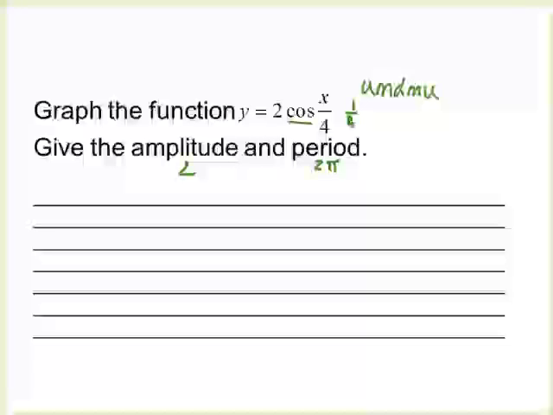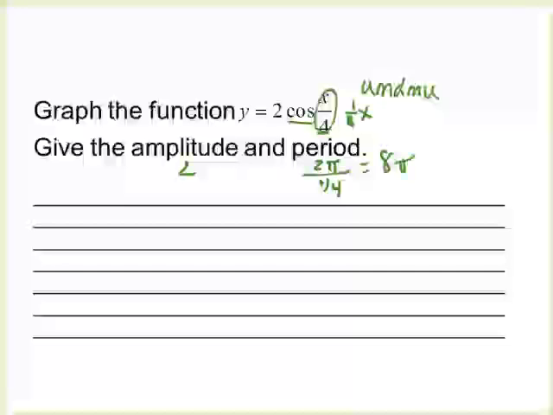We could write that same thing as 1/4 times x. We always want to think of the multiplication that's happening. B is always the multiplier. So we're going to divide by 1/4. Dividing by 1/4 is multiplying by 4. So we get 8 pi.